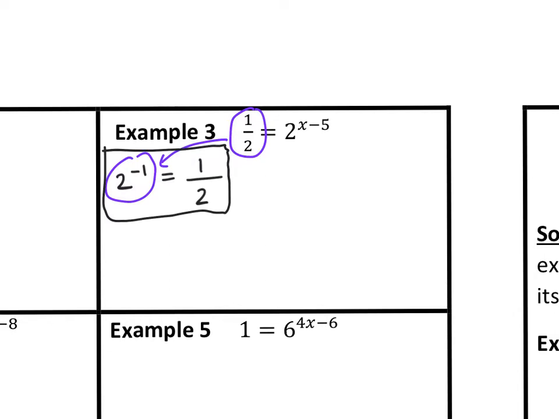But now in my next step, I can write 2 to the negative 1 equals, then I'm going to copy the right side. So the left side changed to 2 to the negative 1, and I just copied the right side. And now that the bases are the same, they both have a base of 2, then I can say that the exponents are the same.